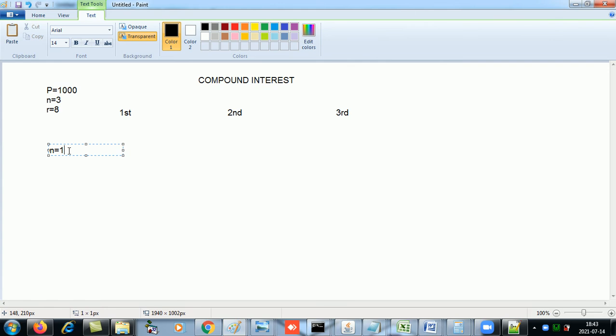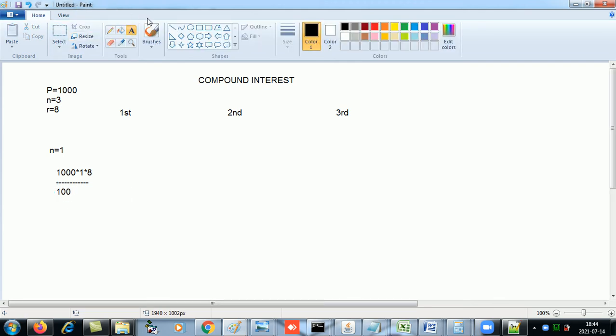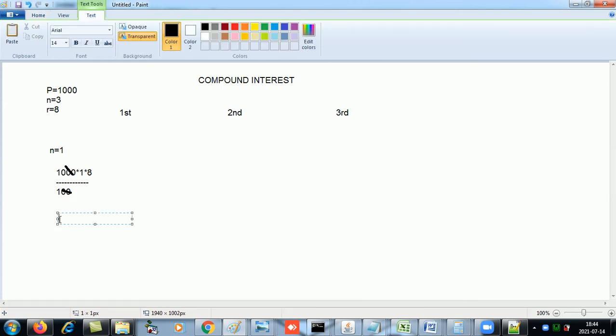For the first year, what will be the interest? 1000 into 1 into 8 upon 100. So it will be 80 rupees. So this is the interest.